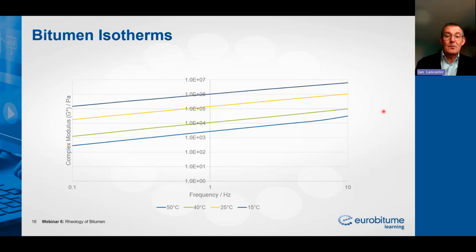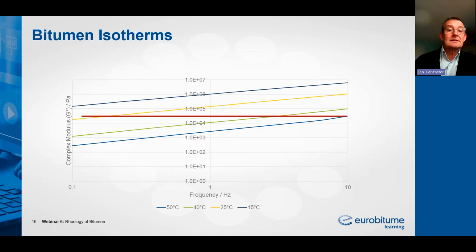And here, you can see that as we move from low frequency to high frequency, the bitumen itself becomes stiffer. The complex shear modulus increases, regardless of the temperatures that we have on the scale. So as we go from low frequency to high frequency, the bitumen stiffness or complex shear modulus increases.